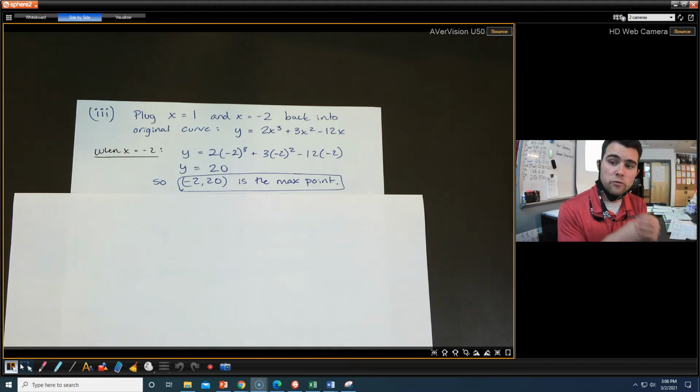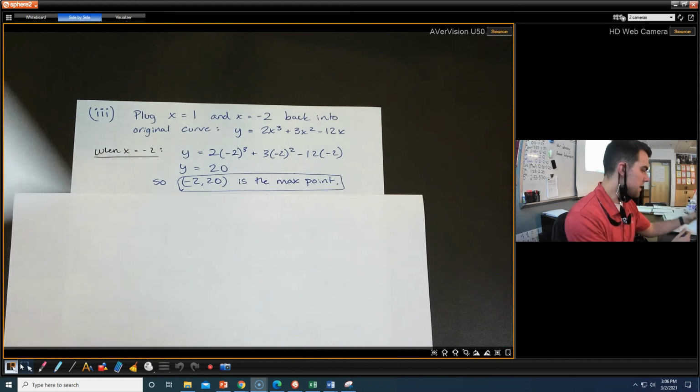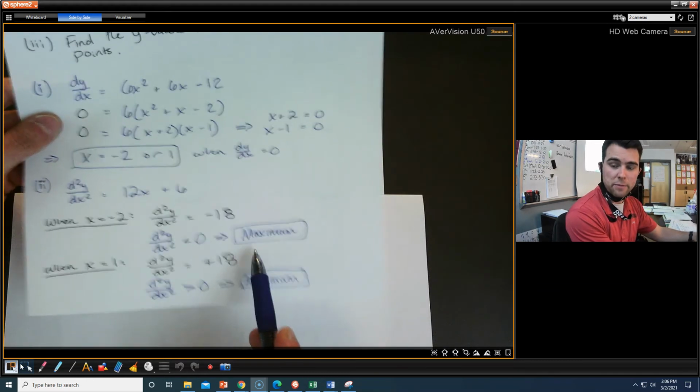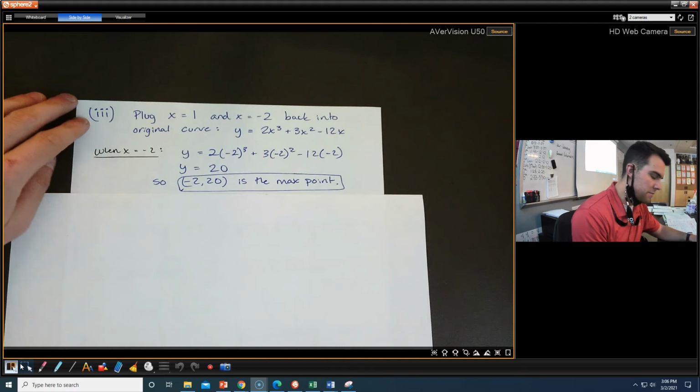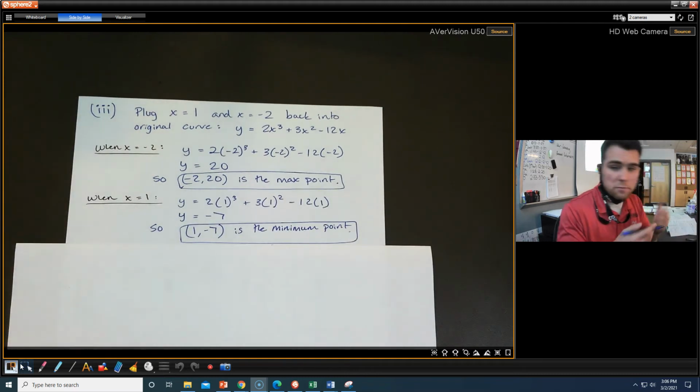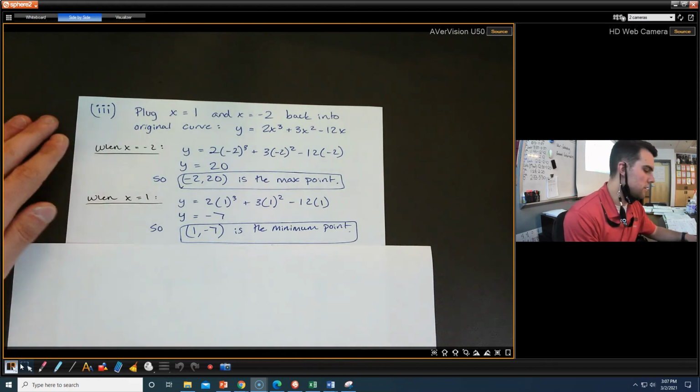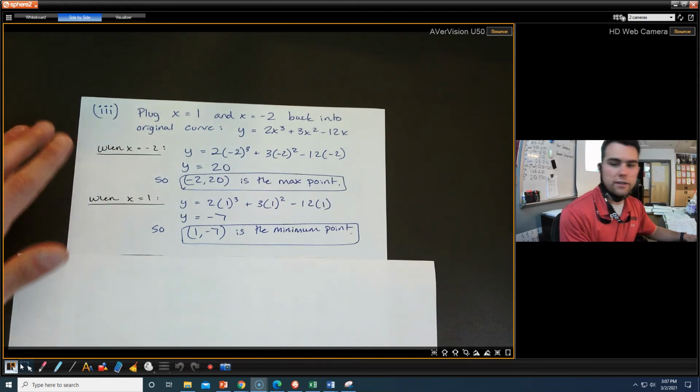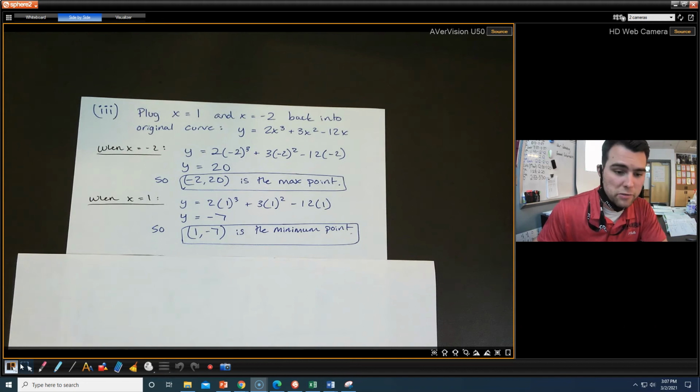So at negative 2 comma 20, that's a maximum point. Remember earlier, we said when we plug negative 2 in, we got a maximum. Same thing with x equals 1. Plug that in, I get y is negative 7, and that is my minimum point. So graphically, let's take a look at Desmos and see if that's the case.